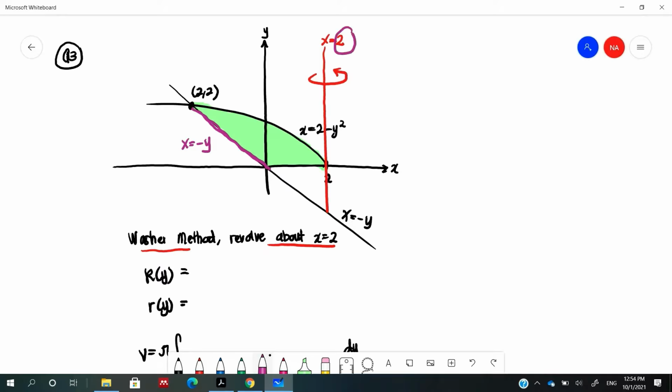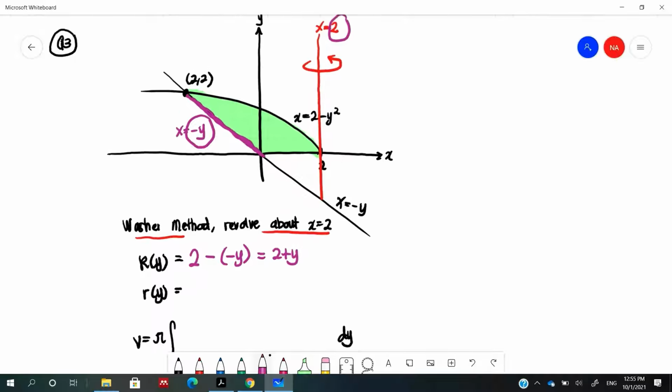So 2 is the axis, 2 minus the outer radius function, which is negative y, so 2 minus negative y. So this is actually 2 plus y, the outer radius.